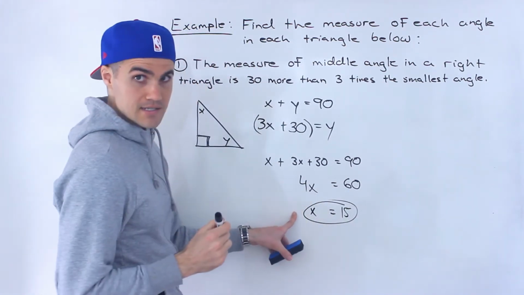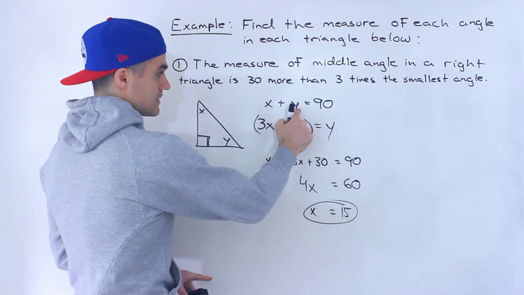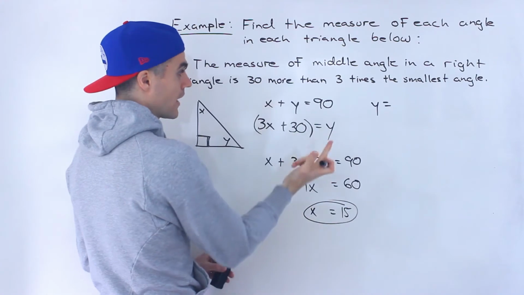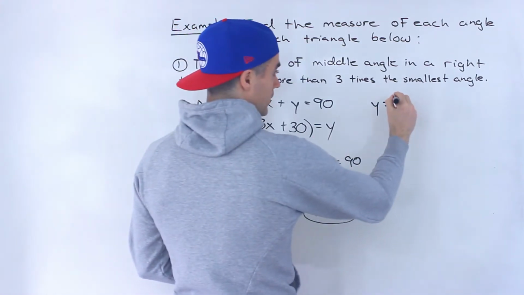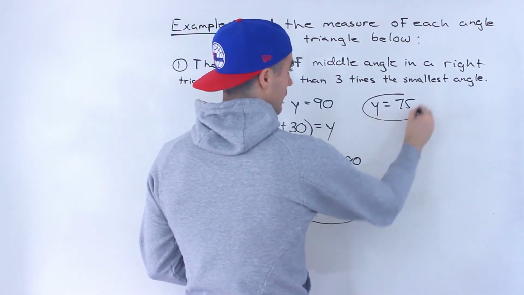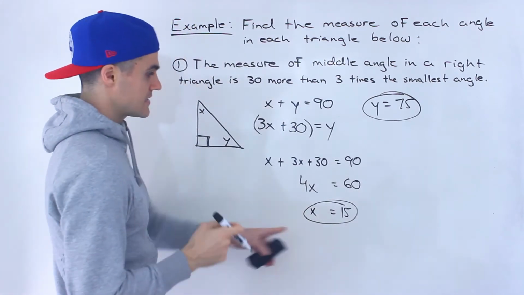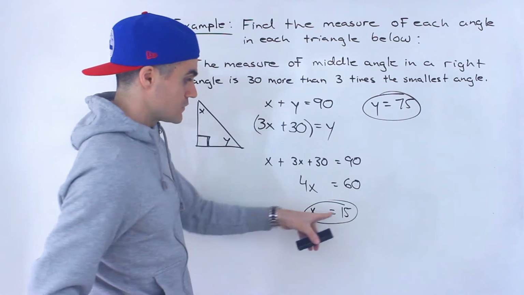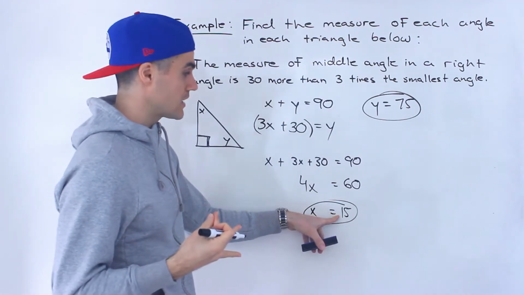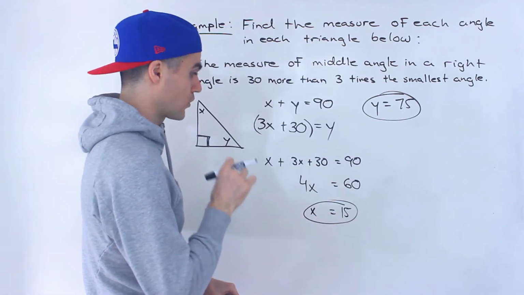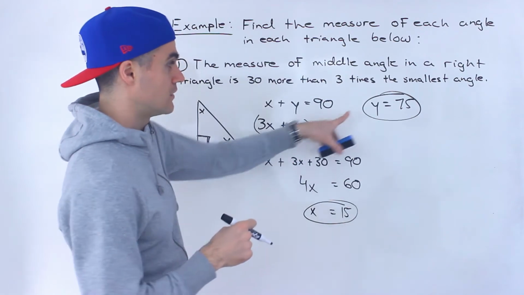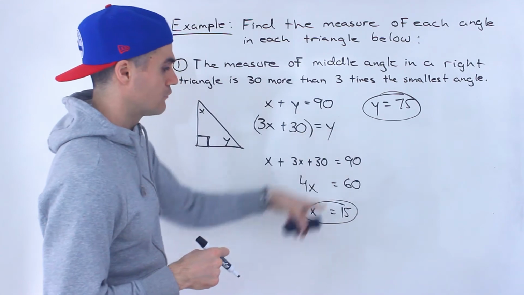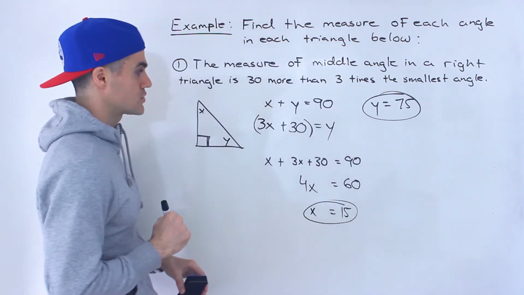If x is 15, then y is just 90 minus x, because x plus y has to equal 90, so that gives us 75. Then you could test it. Both of them added together do give you 90. And if we take 15, multiply it by 3, we get 45, add 30, 45 plus 30 does give us 75. So we can be pretty confident that those are the 2 solutions.